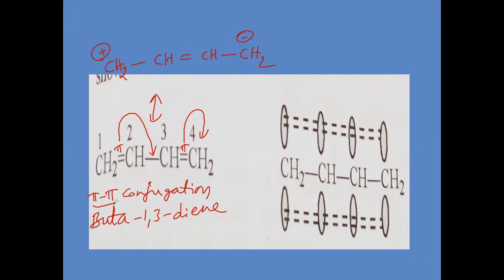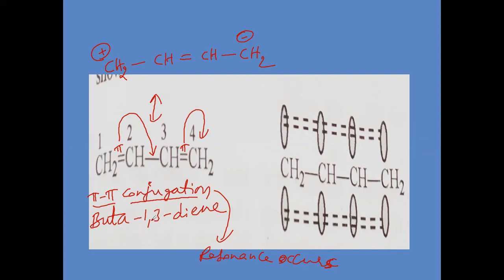So because of this pi-pi conjugation, what happened here? Resonance occurs. Resonance will occur due to the pi-pi conjugation in this molecule. So due to pi-pi conjugation, the pi electrons will be displaced from one place to another.